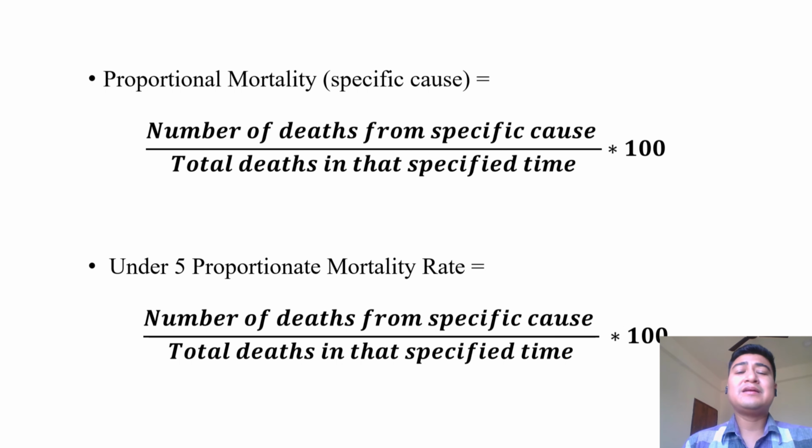And in a resource limited setting, sometimes no other data is available. We only have to depend upon the proportional mortality rate, and then we have to develop our health interventions, and as such the resources are allocated accordingly.